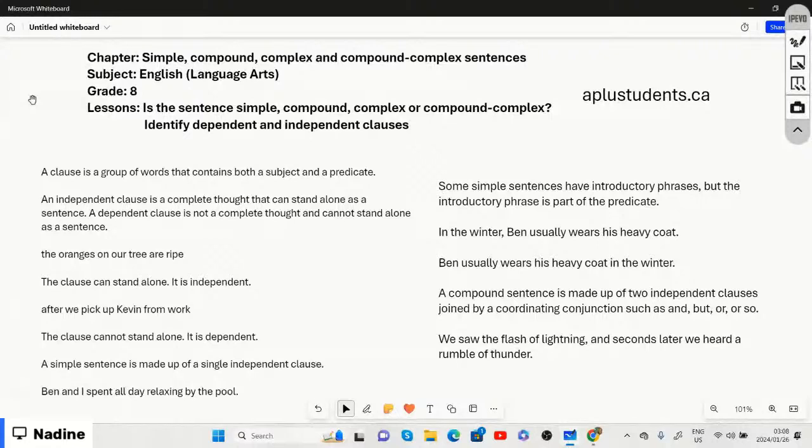Then if we look at the next one, it says, after we pick up Kevin from work. Now you're asking yourself, after we pick up Kevin from work, what? That sentence is not complete, which means this clause cannot stand alone. So it is a dependent clause. And usually a dependent clause needs an independent clause.